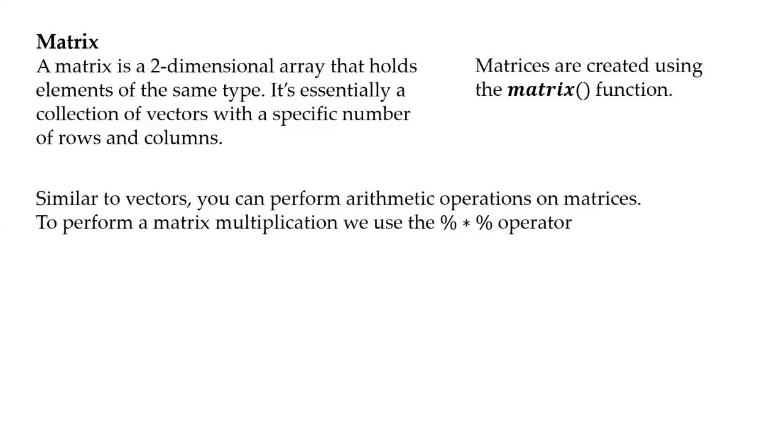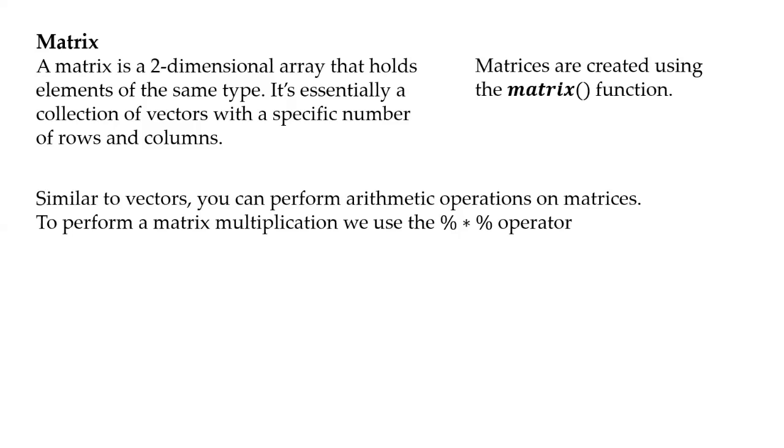Matrices are created using the matrix function. There's a function in R that is used to create a matrix, and the name of the function is matrix. Very simple, straightforward. Similar to vectors, we can perform arithmetic operations on matrices. To perform a matrix multiplication, we use the percent-star-percent operator. For basic arithmetic multiplication, it is just the star.